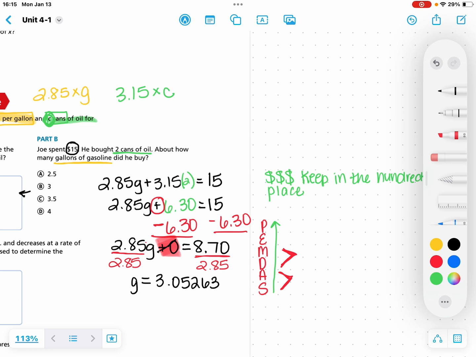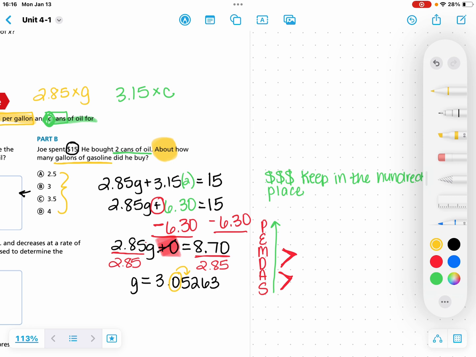So our total amount of gallons is 3.05263. This word "about" means that we need to estimate. I'm going to do this really quick and easy. Which one of these 4 answers is closest to 3.05263?